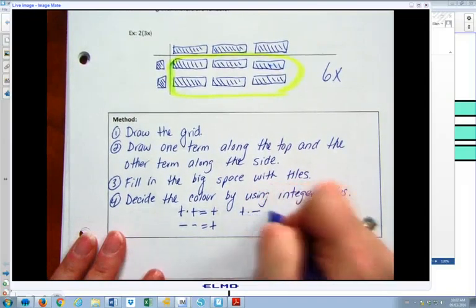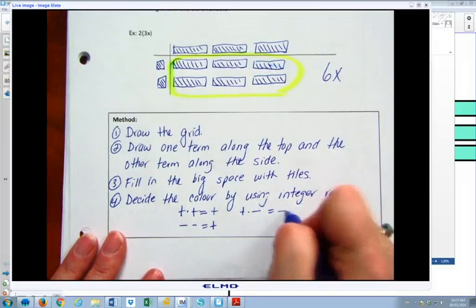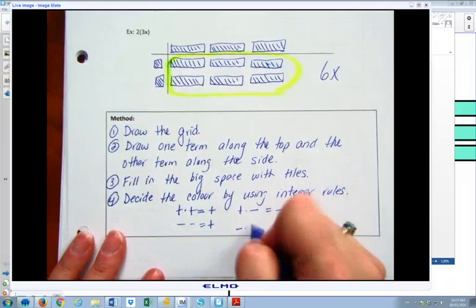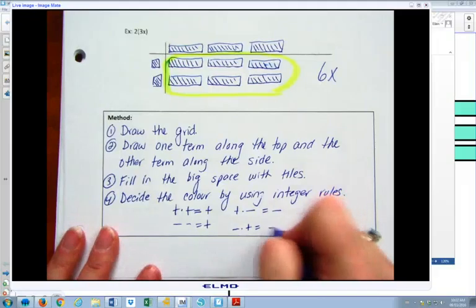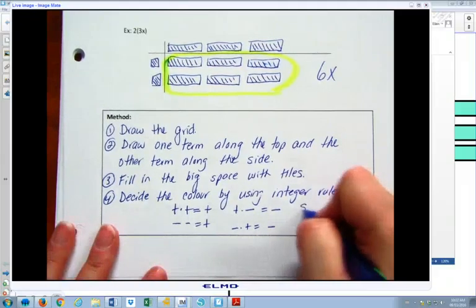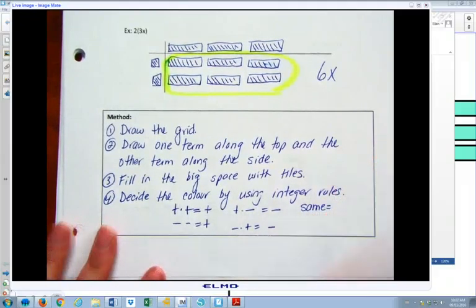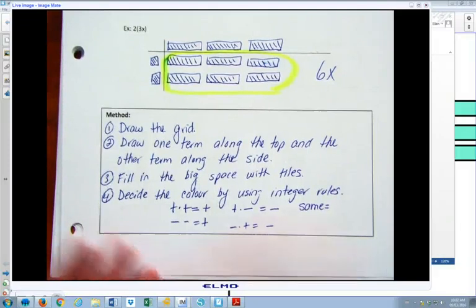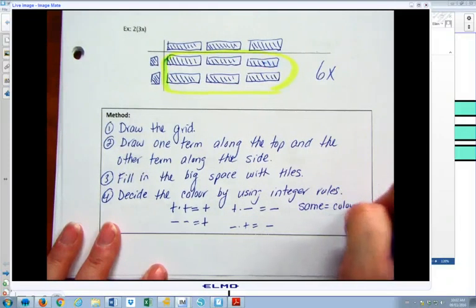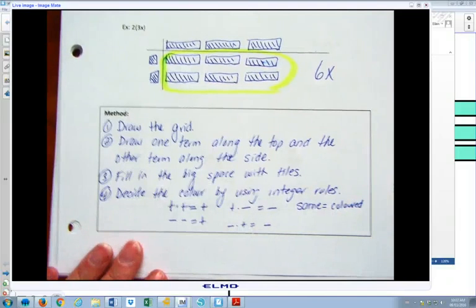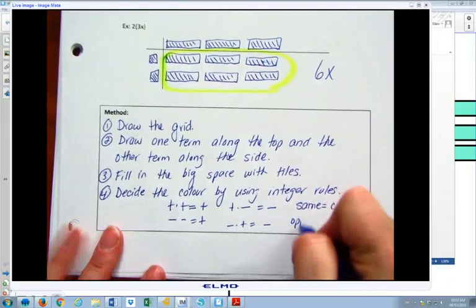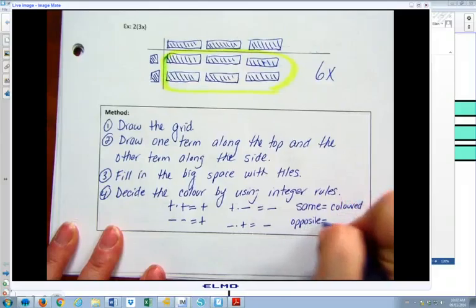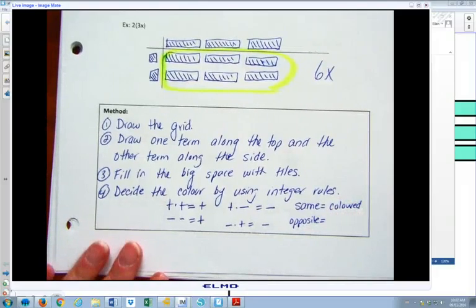Positive times negative is negative. Negative times positive is negative. So if the colors are the same, the top and the side are the same, it's going to be colored. If they're opposite or different, it's going to be white. And what color is negatives? White.